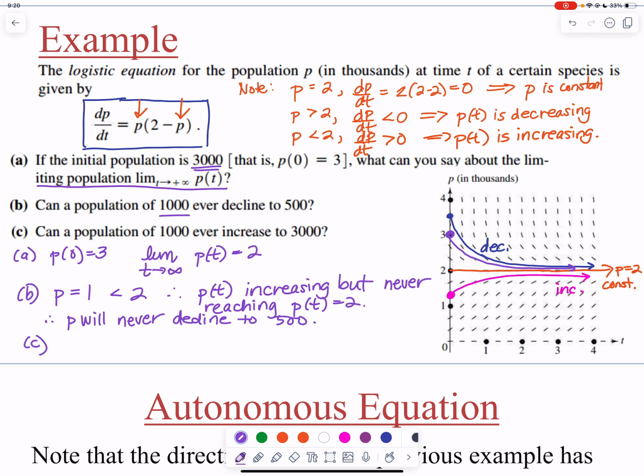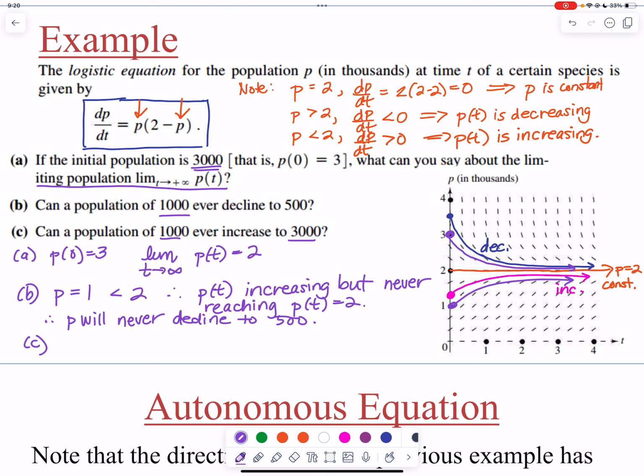Okay, and in part C, can a population of 1,000 ever increase to 3,000? So if we are here at 1,000, we will be increasing, but we can never cross that P equal to 2. So the solution curve will never reach P equal to 2 or cross it.